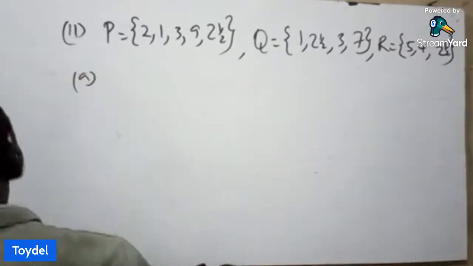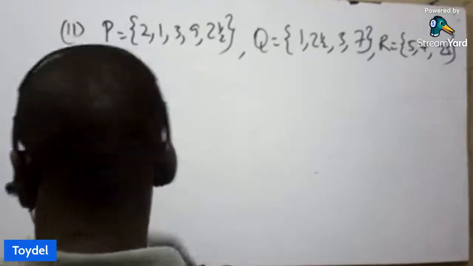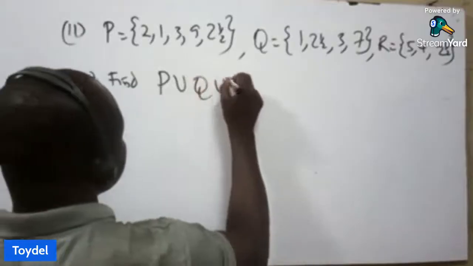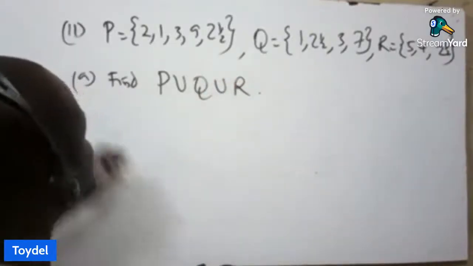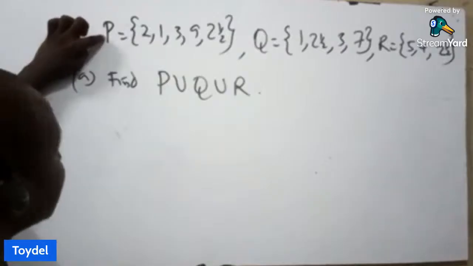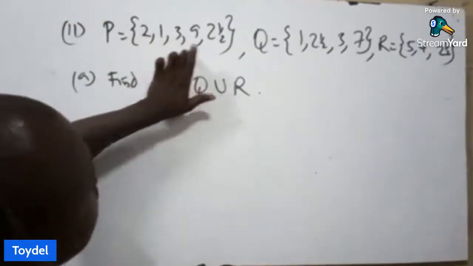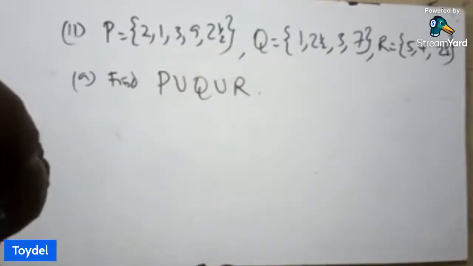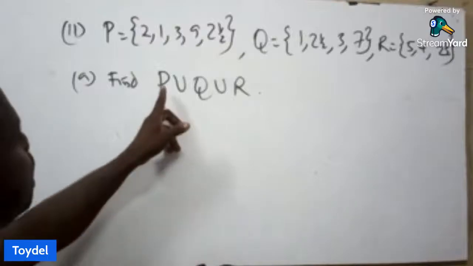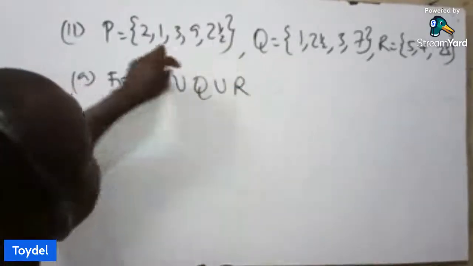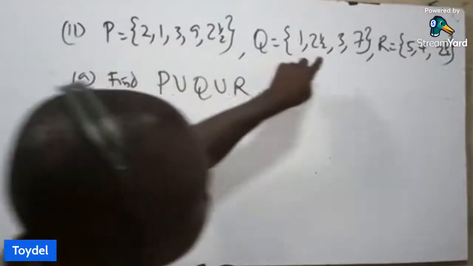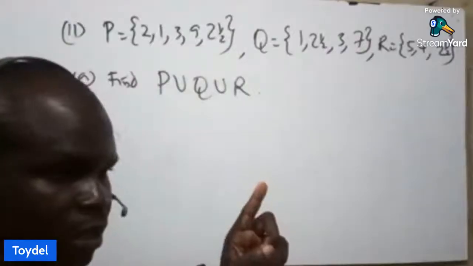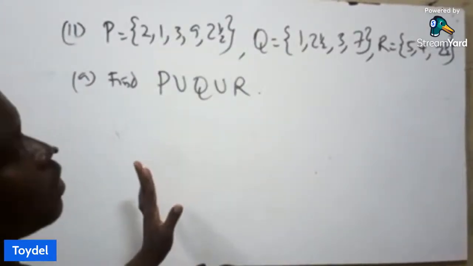The first question now says that we should find P union Q union R. Of course, we denote sets with capital letters, and elements of a set, the entries, with small letters. But in this case we have them in the form of digits. When we talk about union, the union between P and Q simply means the elements that you have in P, or you have in Q, or you have in both. If you have the element in both, just pick it once. So that's the meaning of the union of sets.